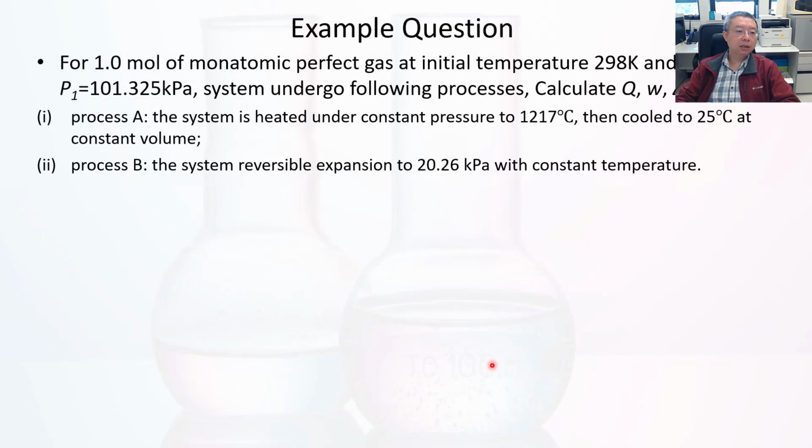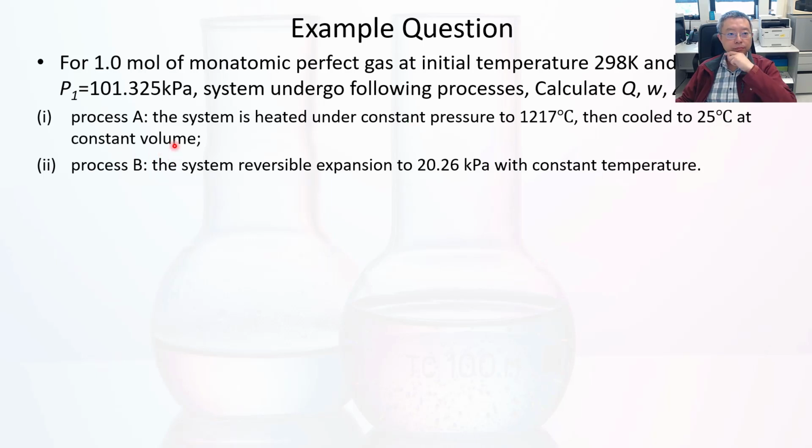Let's do an example question for 1 mole of monoatomic gas at an initial temperature and pressure as given. The system undergoes the following process, and I want you to calculate Q, W, delta U and delta H. The first process is simple: the system heats up under constant pressure to this temperature, and then cools down to 25 degrees at constant volume.